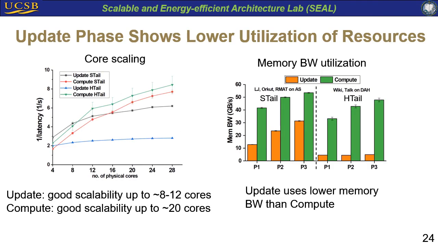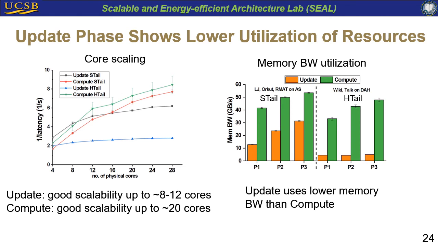For the first question, our key finding is that the update phase in general exhibits a lower utilization of architecture resources. To support this observation, we show on this slide the resource utilizations from the perspectives of core scaling and memory bandwidth utilization.